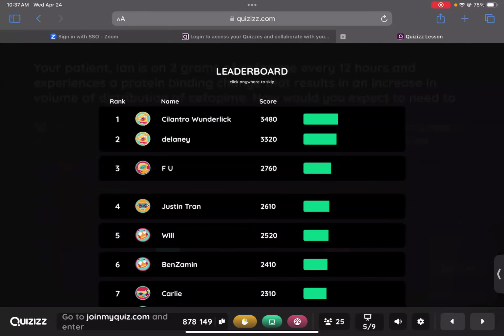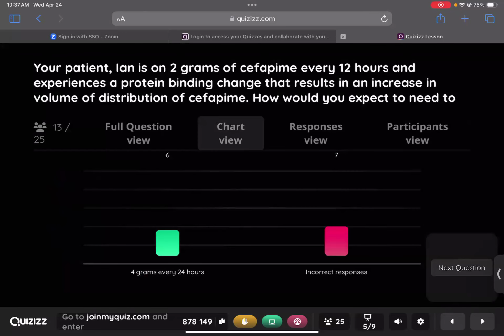Cilantro is holding strong. Oh, Delaney and FU, the fraction unbound, jumped over a bunch of people because there were some problems here. Okay, so let's think about this.